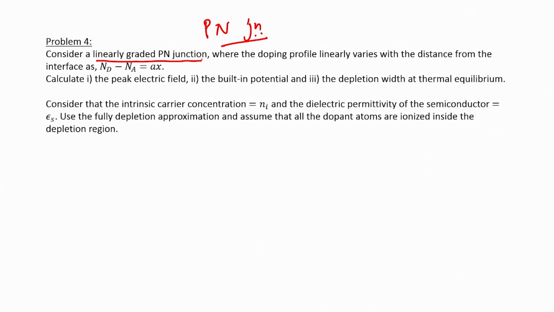Now what is a linearly graded p-n junction? In case of an abrupt p-n junction, what we have considered is that the doping concentration on the p side and n side remain constant, uniform throughout the structure.